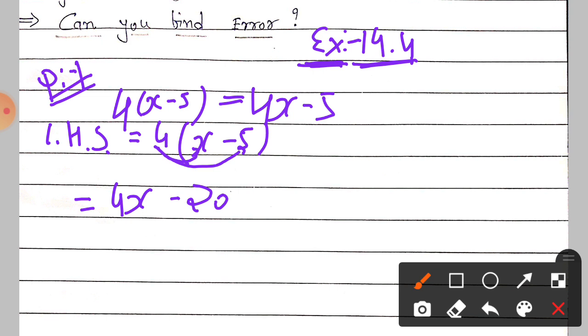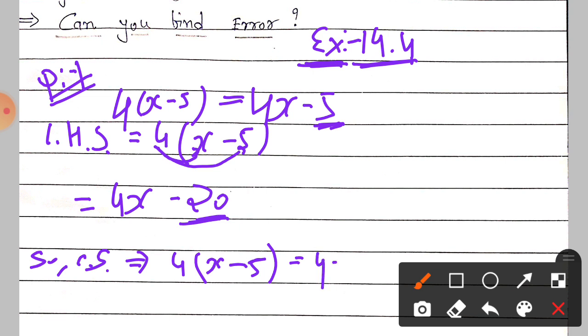Here 4x minus 5 is written, but the correct answer is minus 20. So there is an error in this question. So the correct statement implies 4 into x minus 5 is equal to 4x minus 20. Yes or no? Correct? You have to write this type of question in your exam like this.